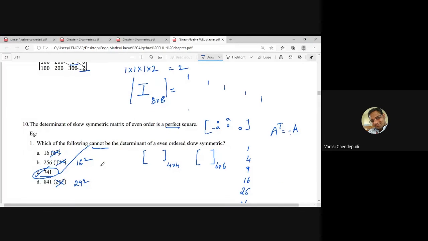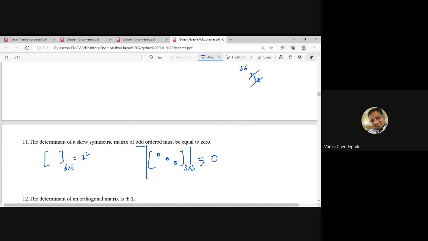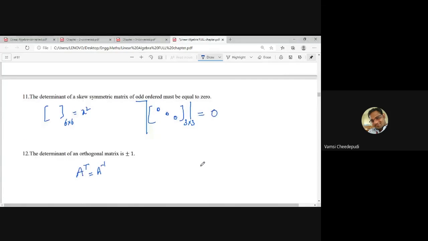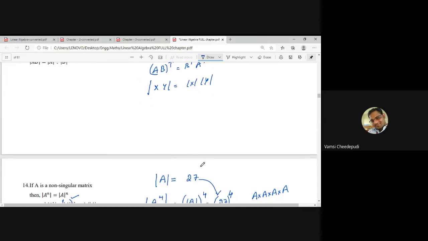And when the given matrix is skew symmetric, A transpose equals minus A, and if it is of even order, then the result will be a perfect square. And if it is of odd order, then the determinant will be zero. Orthogonal has unit modulus. Determinant can be distributed.